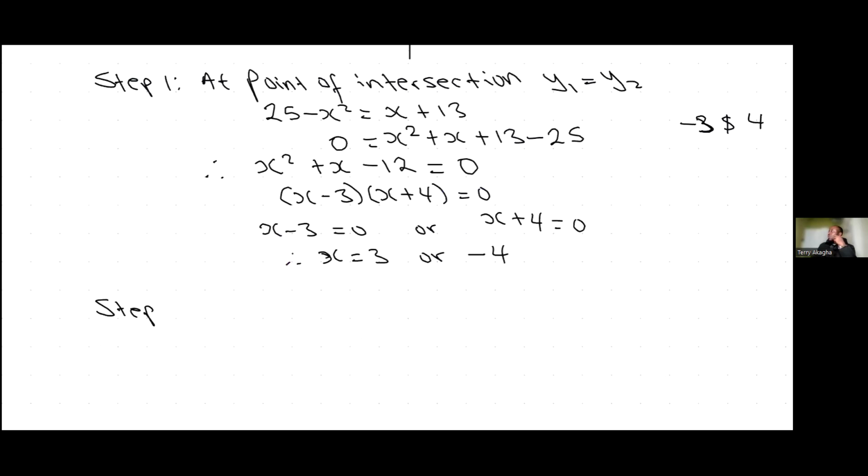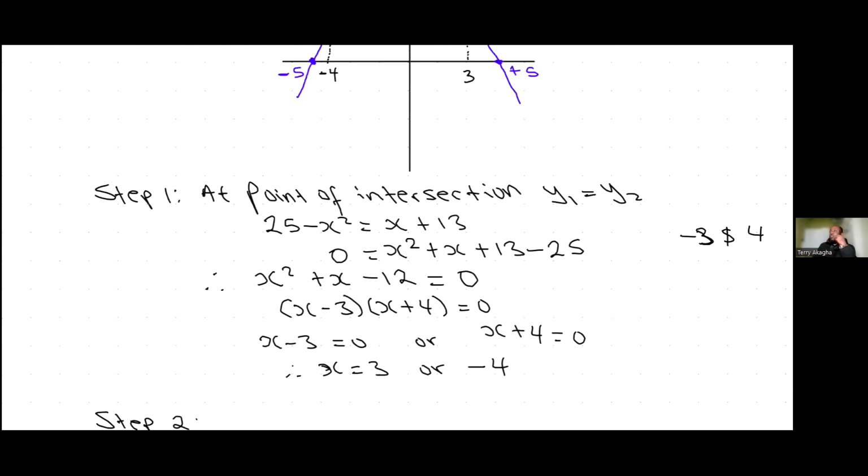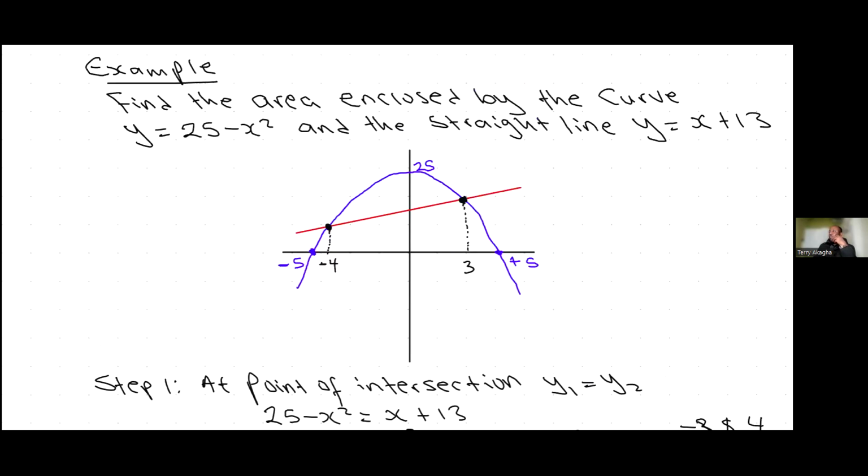So step 2. We know already from this that the curve, the purple one, is y equal to 25 minus x squared. And we know the red one, y is equal to x plus 13. So both have an upper and a lower limit, and we're going to set it now.